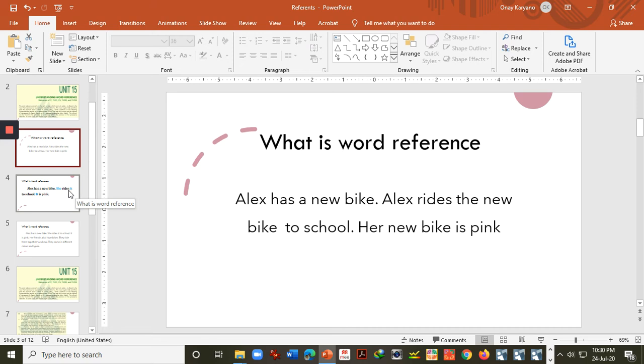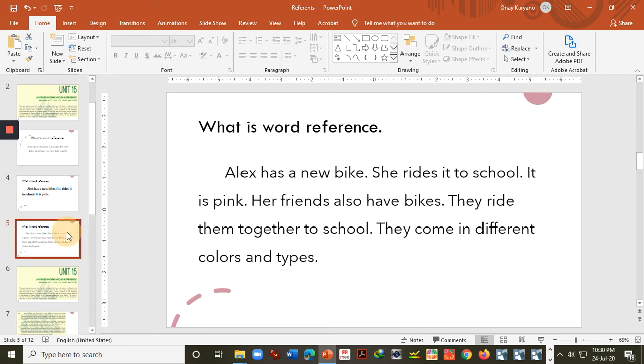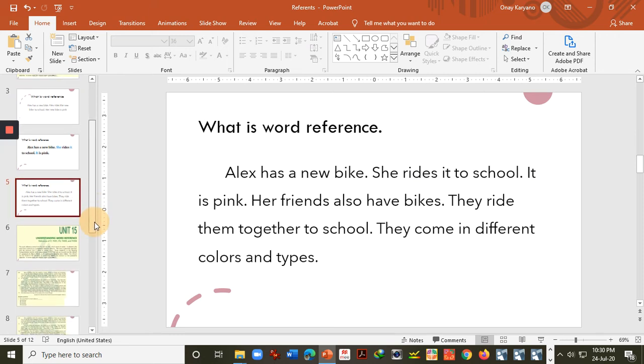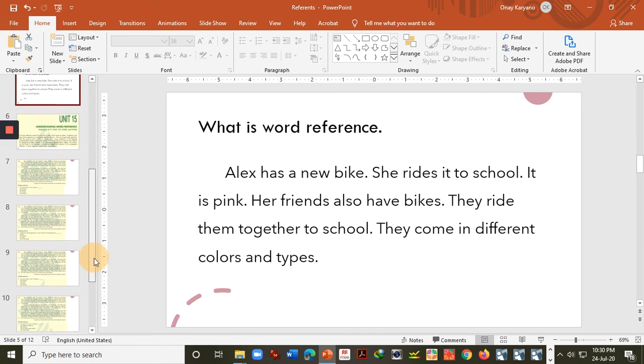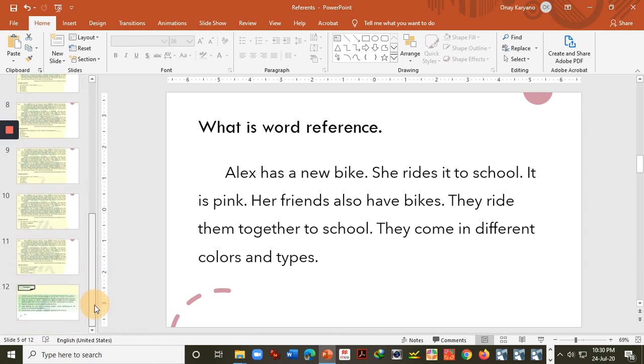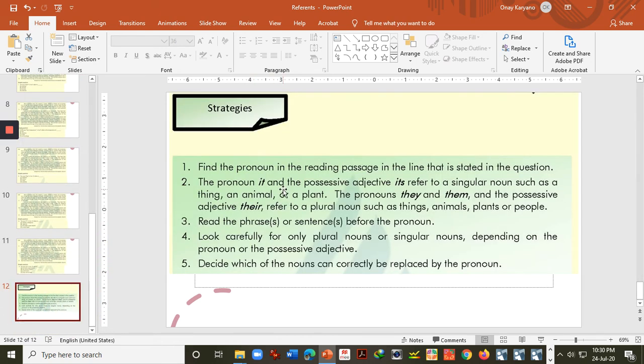Kemudian when we replace it, you have to be careful. Why? Karena dalam TOEFL test kita harus hati-hati whether these pronouns refer to either plural or singular. Untuk it dia mengacu ke singular, sementara they mengacu ke plural atau dua.